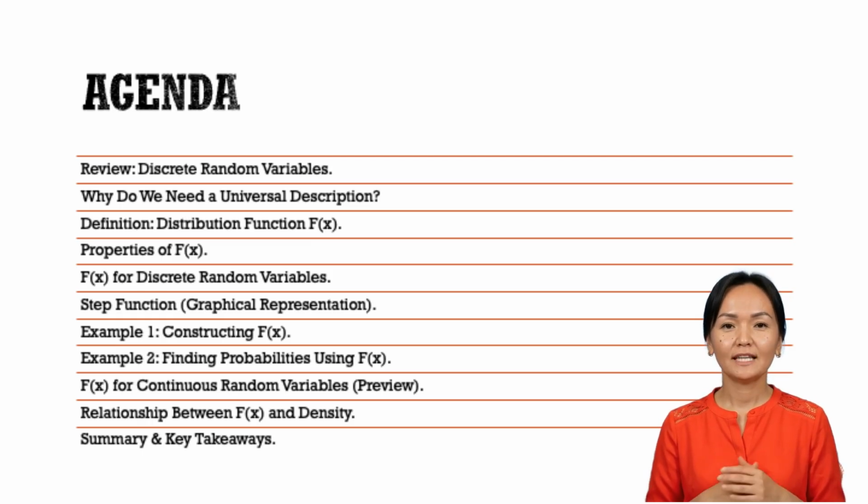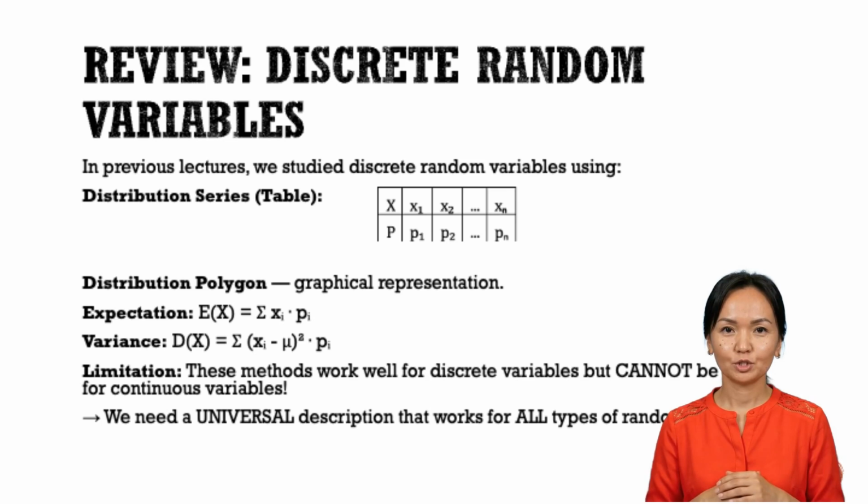We'll work through two detailed examples, constructing F(x) and using it to find probabilities. Finally, we'll get a preview of how the distribution function works for continuous variables and explore its relationship with the probability density function.